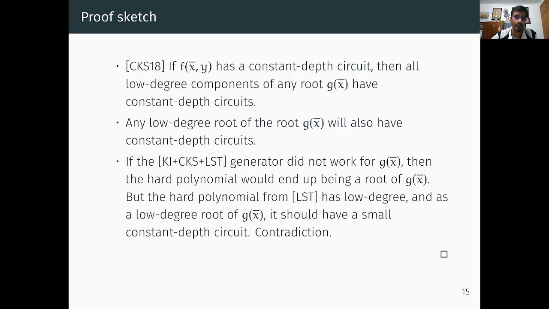But the hard polynomial in LST has low degree, and the extension of CKS tells us that being a low degree root of G(x), it should also have a small constant depth circuit. But notice that this was the hard polynomial for constant depth circuits, and now we are saying that it should have a small constant depth circuit. This is a contradiction. Hence, the generator must have worked in preserving the non-zeroness of G(x). That was a slightly rushed proof sketch, but those are the ideas.